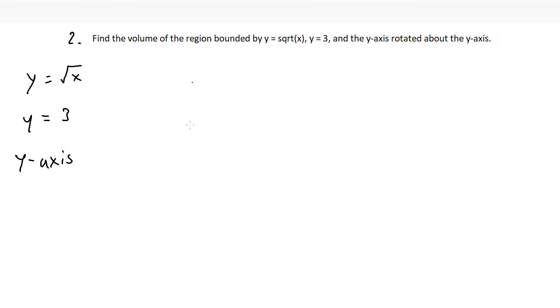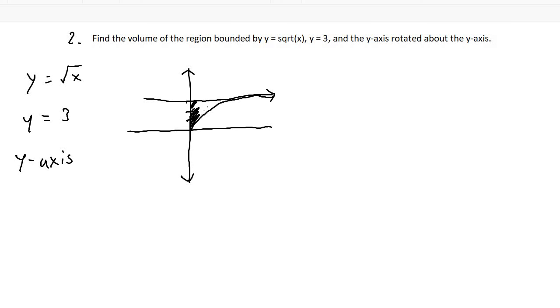If I were to draw a sketch of the region, we have y equals the square root of x, something like this, y equals 3, and then the y-axis itself.